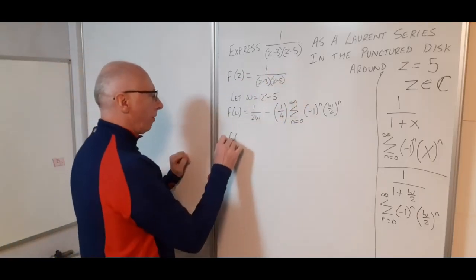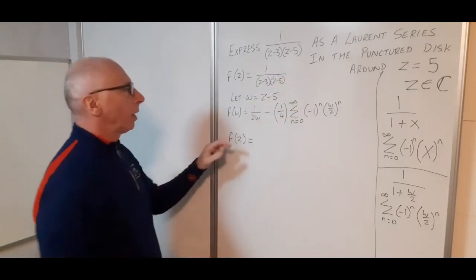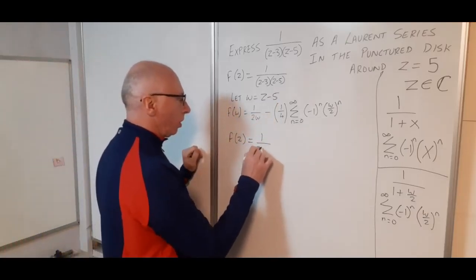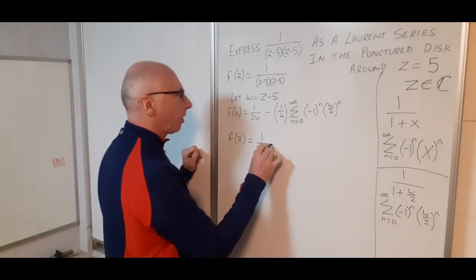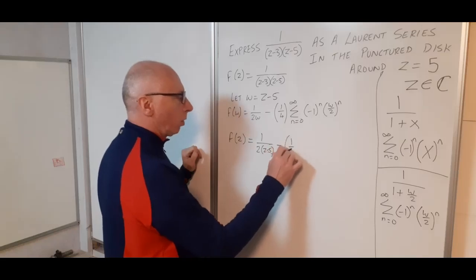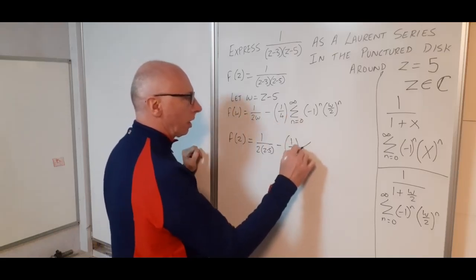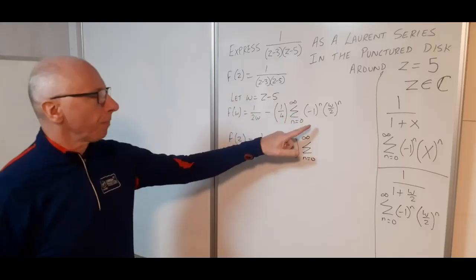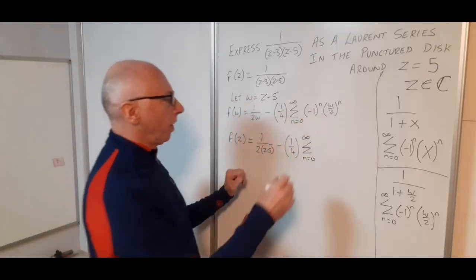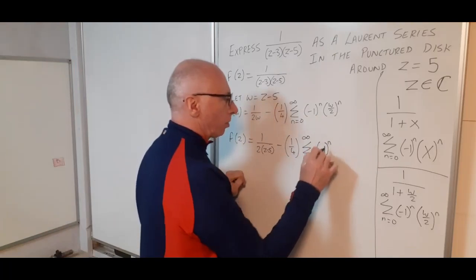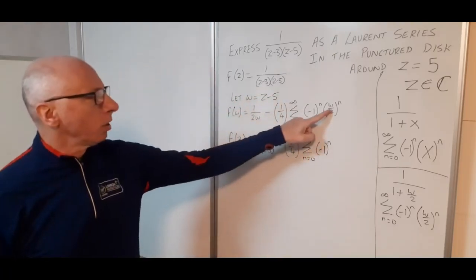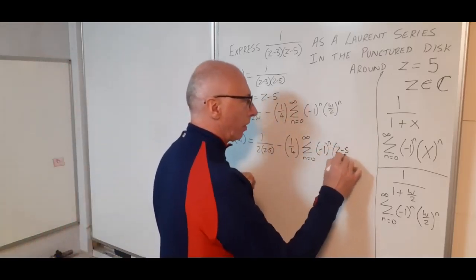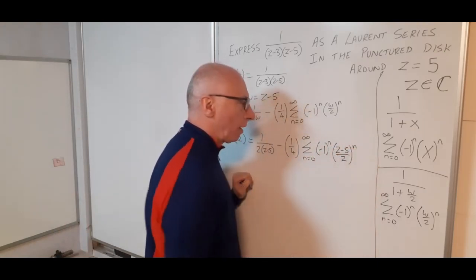So now f of z, as w is z minus 5, is 1 over 2 times z minus 5, and then minus 1/4 times the sum from n equals 0 to infinity. Now here I've got minus 1 to the n, that's fine. There's no transfer of variables there. And then w, again I put z minus 5. So I've got z minus 5 over 2, all to the power of n.